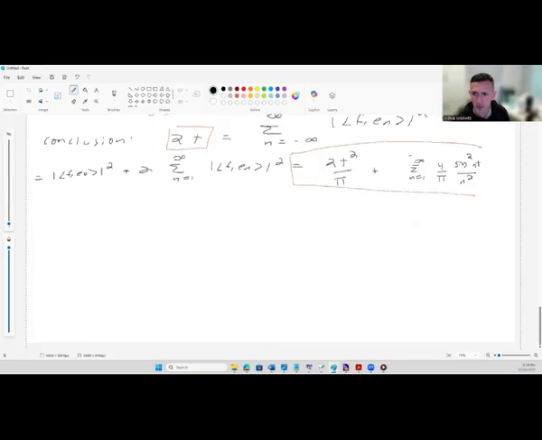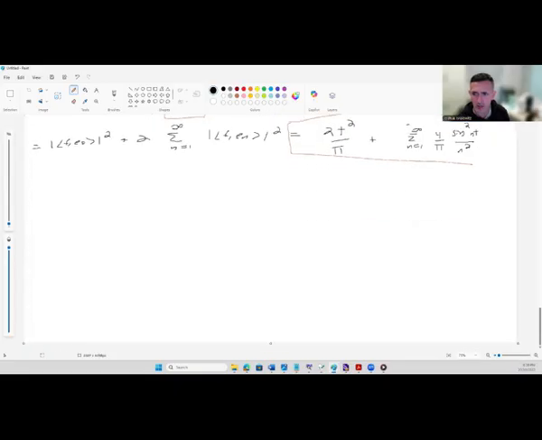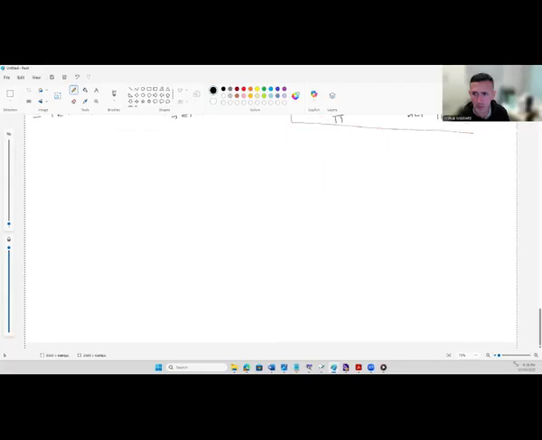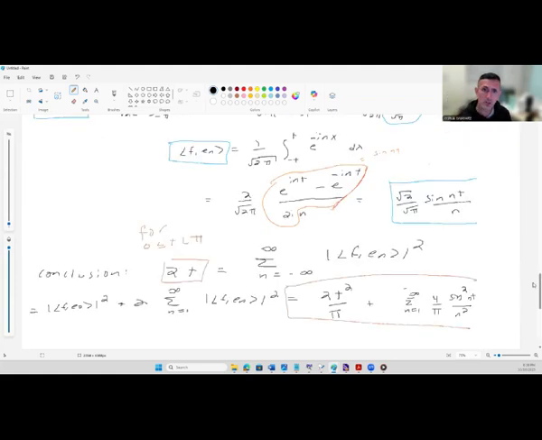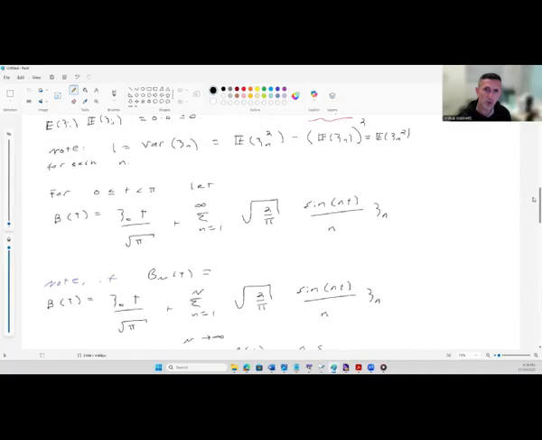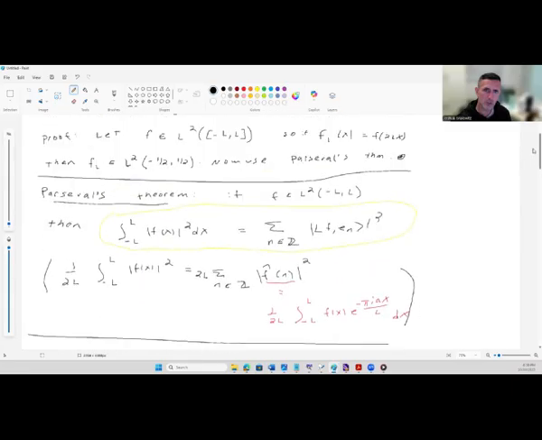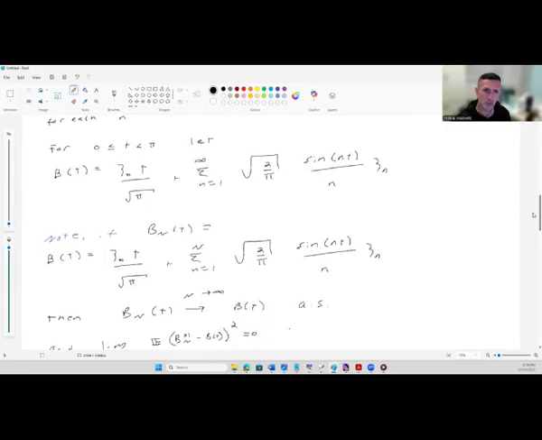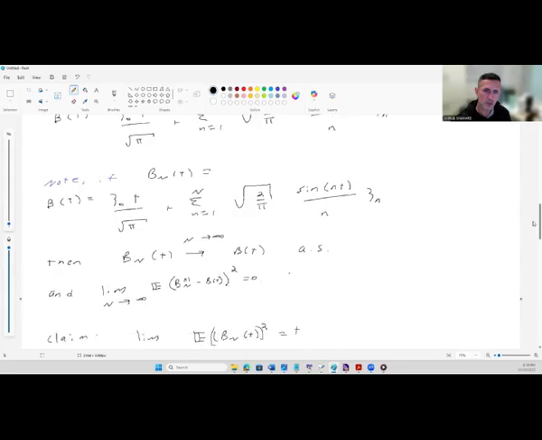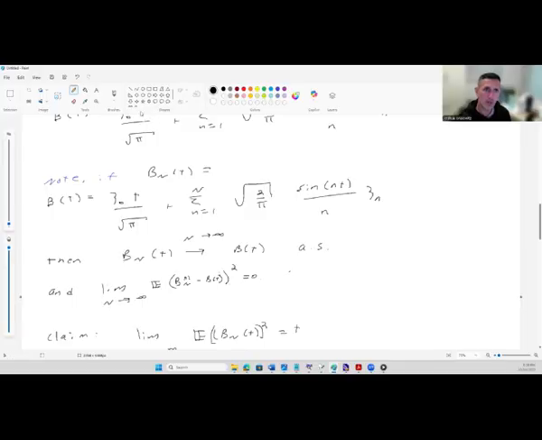And in particular, because we're just dealing with a finite sum, there's no issues with interchanging sums and expectations. Right, so in particular, let's do this. I don't know why I have a b of t here. I want b of n to be this.